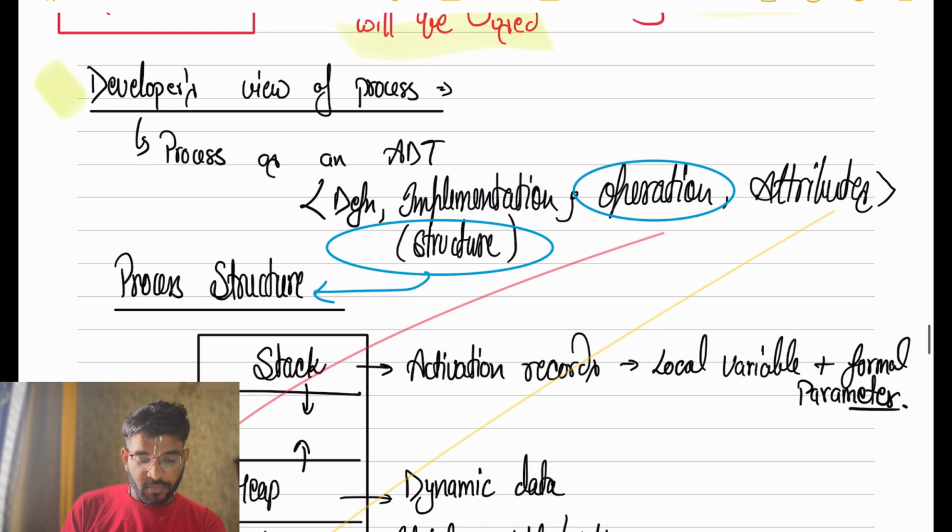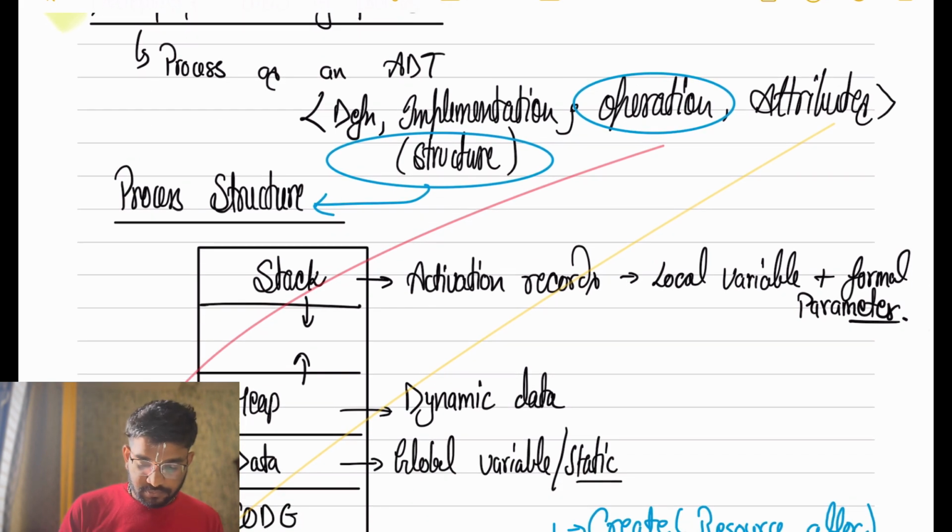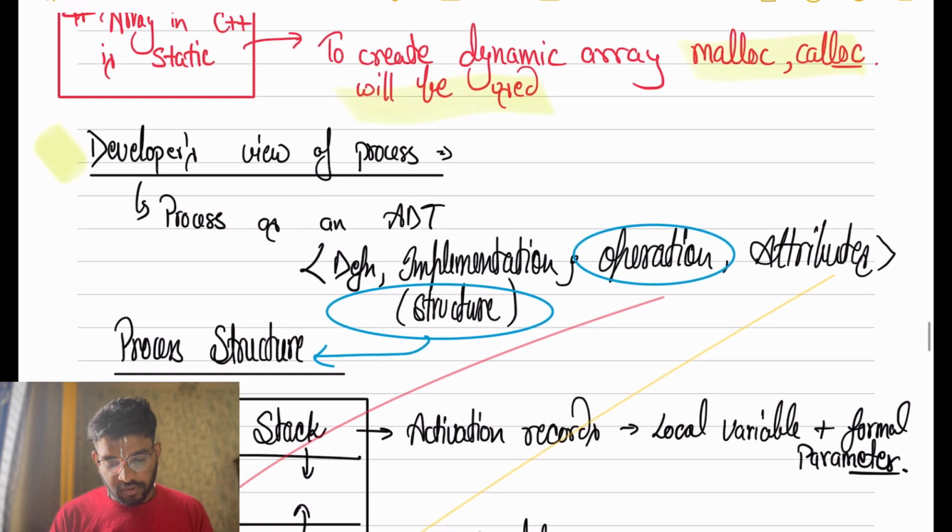Now we look at the developer view of a process: process as an abstract data type. We are looking at a process as a data type, so it has its own definition, implementation, operations, and attributes. Implementation means structure, how a process is structured.